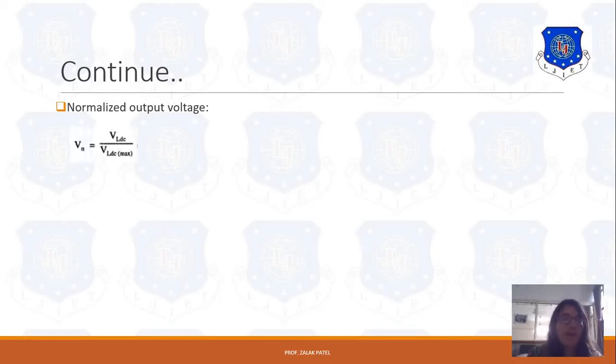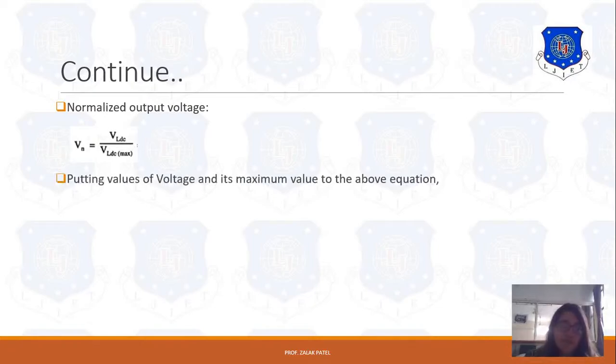It is the load voltage divided by the maximum voltage across the DC supply, meaning the maximum output voltage, because the rectifier has an AC input and a DC output. That's why VLDC upon VLDC maximum is considered.